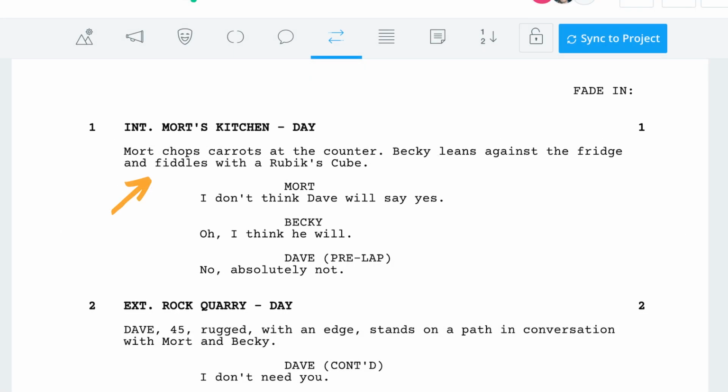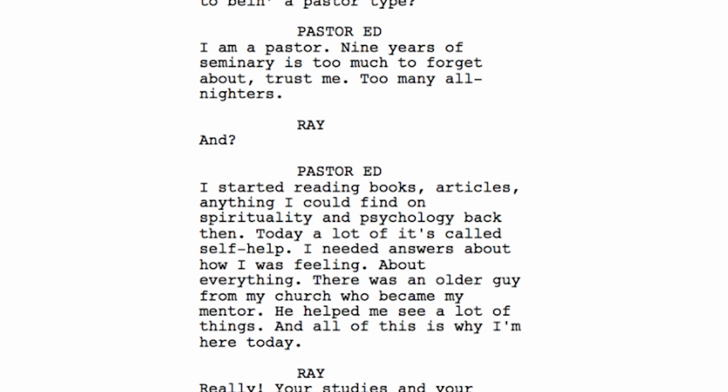The action are the descriptions of what the audience will see and hear, which isn't dialogue. When writing dialogue, it is always put into the center. The character's name that is speaking the dialogue comes first, in all capitals, and then in the next line is the dialogue.